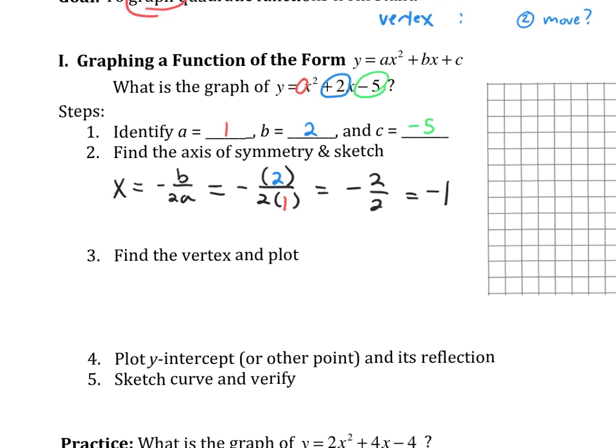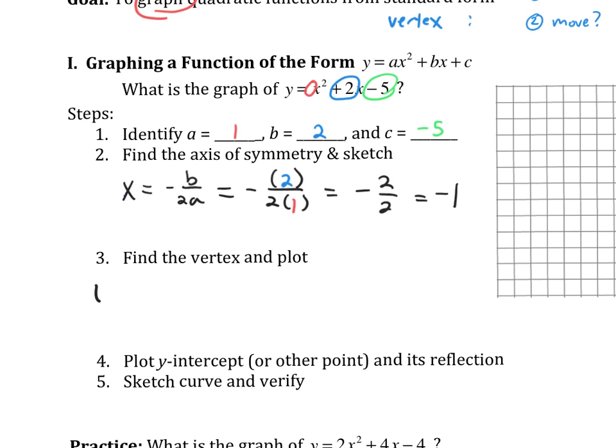Now we have that value, so I'm going to go back to my original function, which is y equals x squared. But I'm going to substitute in, instead of x, my negative 1. So my negative 1 is going to go in there.